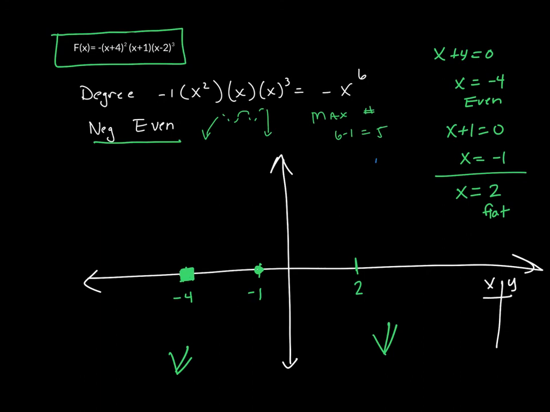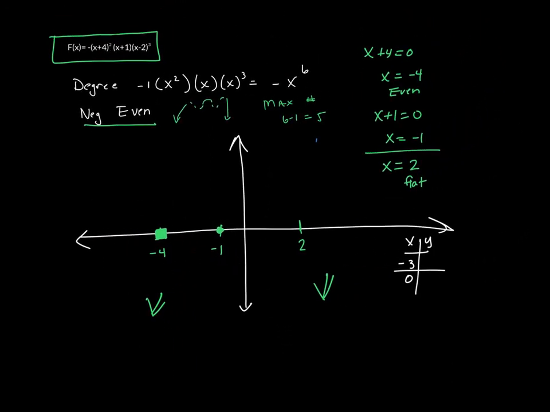So let's find a point at, let's say, negative 3. I also need a point in between negative 1 and 2. For that one, we're going to go ahead and graph a 0. So when I plug those in, what do I get? Remember, I'm plugging it into the function.